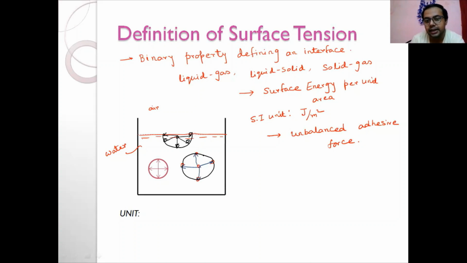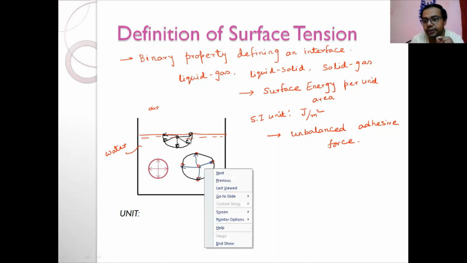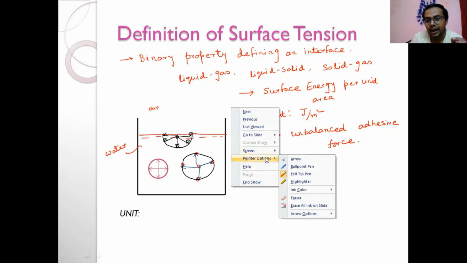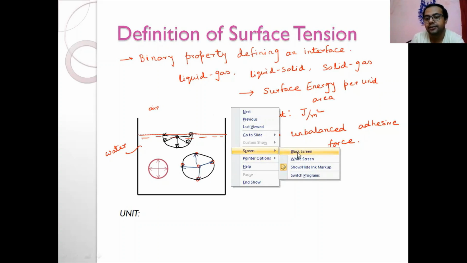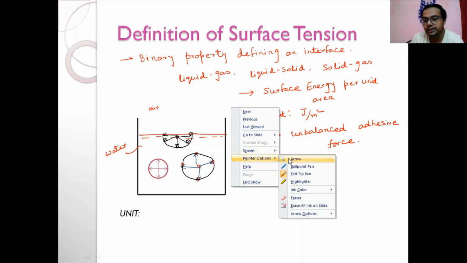So if you want to take a molecule from an interior position to the surface, you need to do some work, because there is unbalance at the surface while the interior is well balanced. This work will be converted into surface energy, from the energy conservation principle.